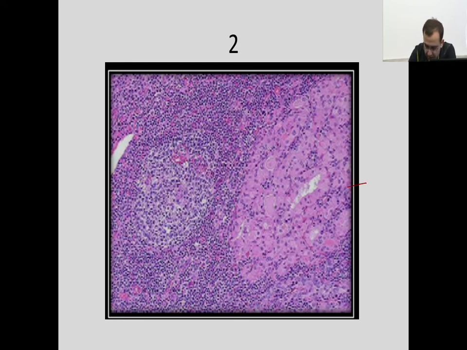It shows thyroid with dense lymphocytic infiltrate. All these small cells are the lymphocytes, with well-defined lighter areas, which are the germinal centers, making this Hashimoto's thyroiditis.